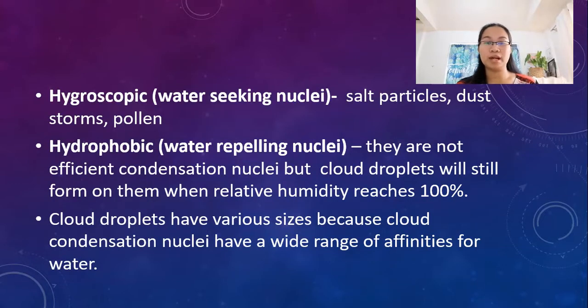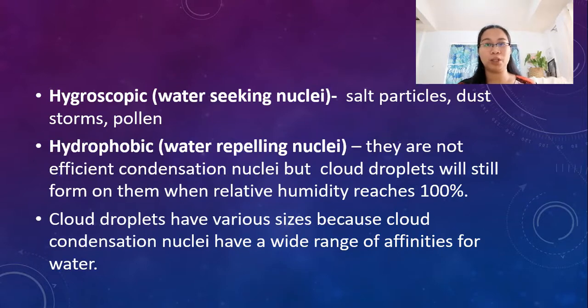Now, as I have mentioned, we have two categories for condensation nuclei. One is hygroscopic, which we know as water-seeking nuclei or water-loving particles. Examples would be salt particles, dust storms, and pollens. Then we also have hydrophobic, or water-repelling nuclei.